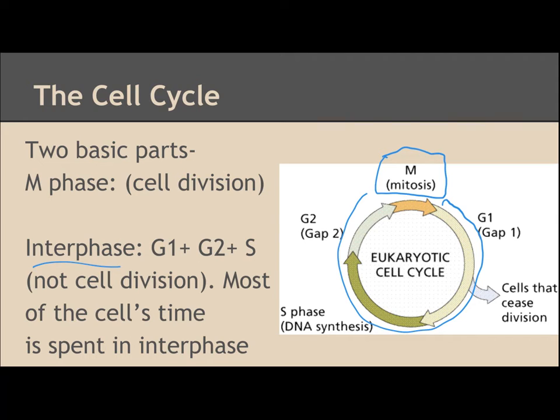This is the part where it's growing, where it's preparing to divide, etc. So if you notice the relative length of these arrows, a lot more of the cell's time is spent in interphase than is spent in mitosis or M phase, the actual dividing. So most of the time, any given cell is not actually in the process of dividing.